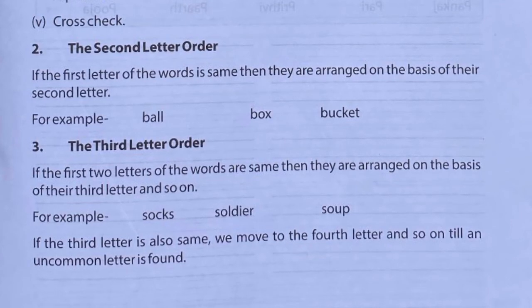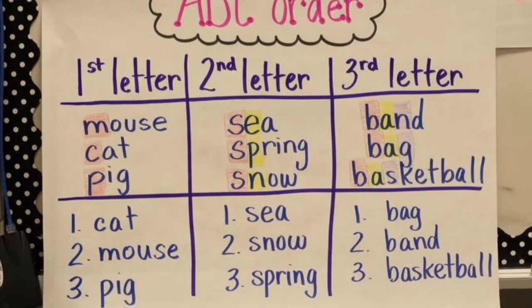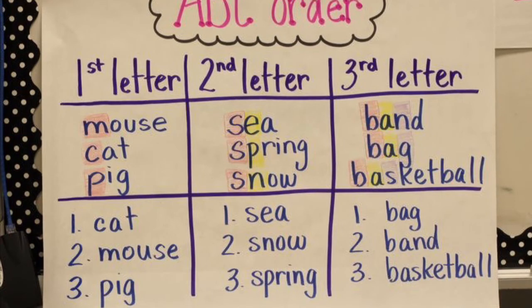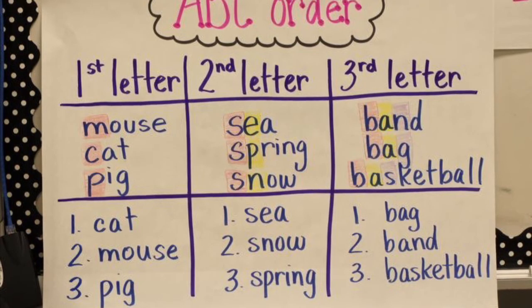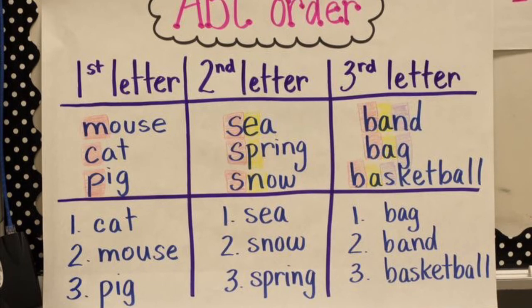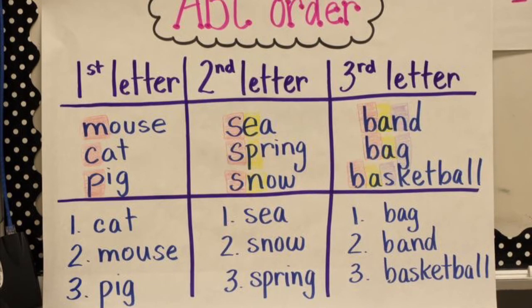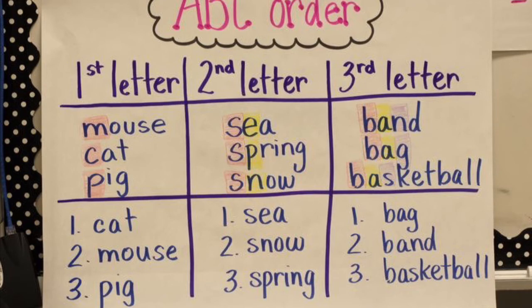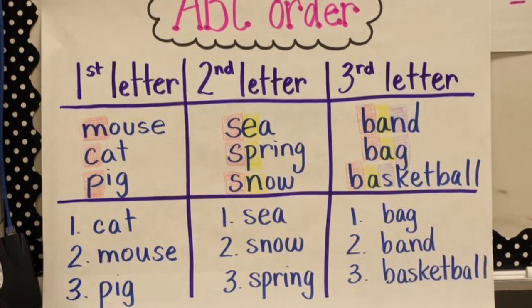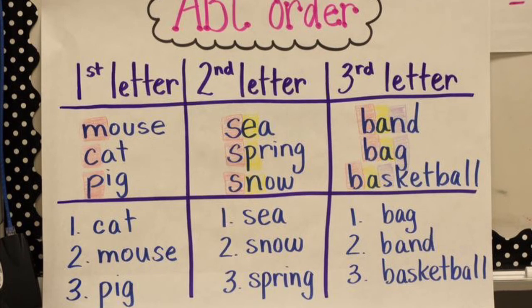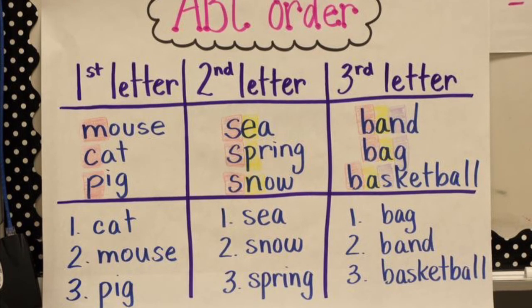In the first letter order, mouse, cat, pig, all the first letters I have underlined. So the first word will be cat, second will be mouse, and third will be pig. In the second letter, all the words start with S: C, spring, snow.